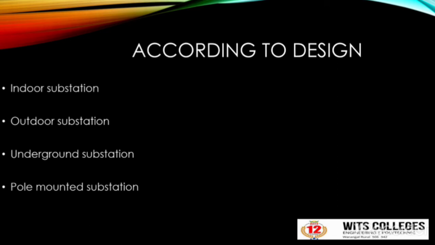The time required in the construction of an outdoor substation is very less. A smaller amount of building material like steel and concrete is required in the construction of outdoor substation, and the construction work required is comparatively less. And the cost of the switchgear installation is also very low in outdoor substation.